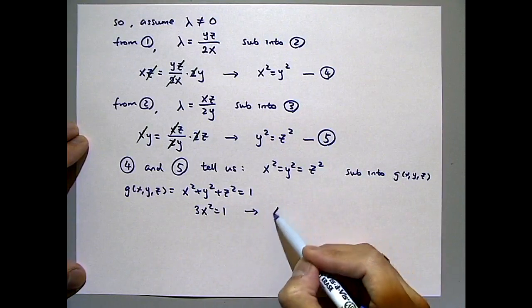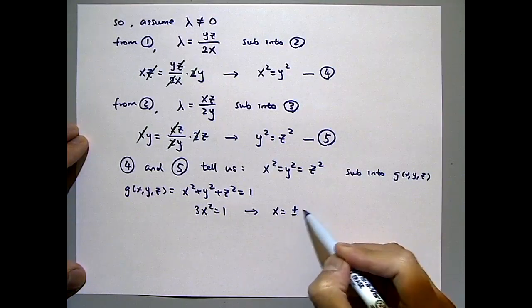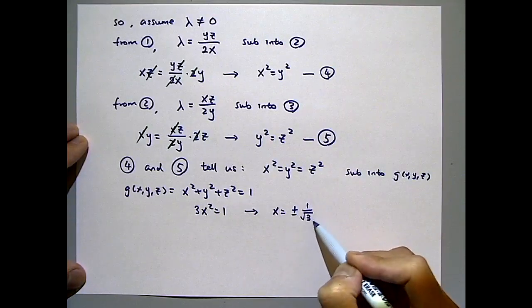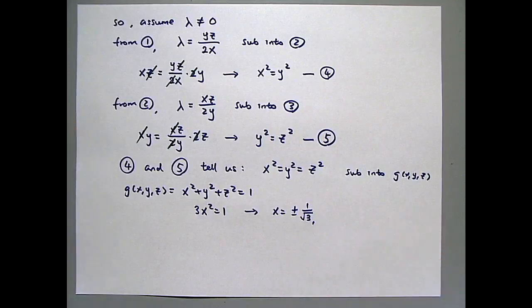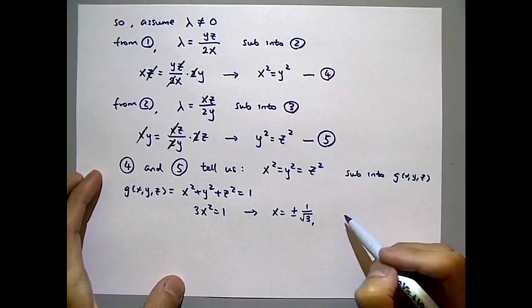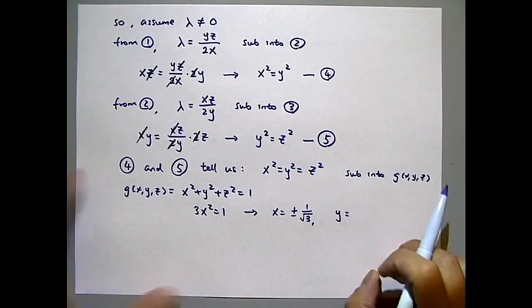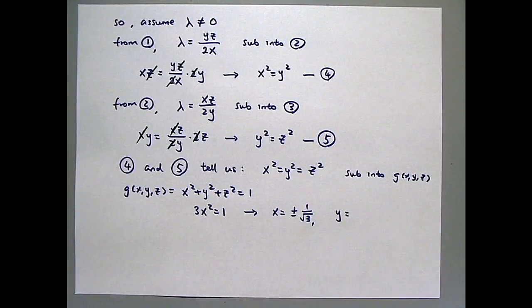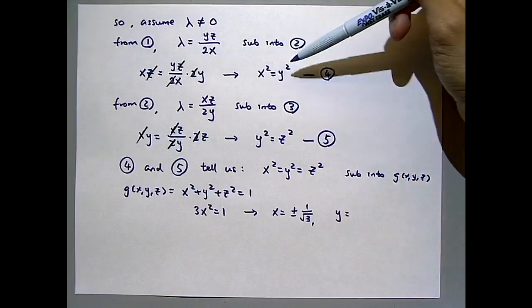So this says that x is equal to plus or minus 1 over radical 3. What about y? What can we say about y? Same thing, yeah? Because y squared is x squared.